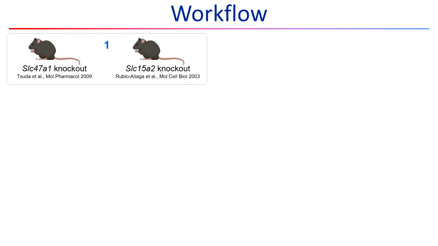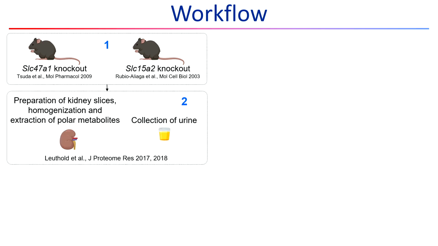So we set up a workflow, and I will go through that here in this slide. So we chose, in cooperation with 2 partners, knockout mice, either SLC47A1 knockout mice or SLC15A2 knockout mice. Then we prepared kidney slices, homogenized them, and extracted polar metabolites.